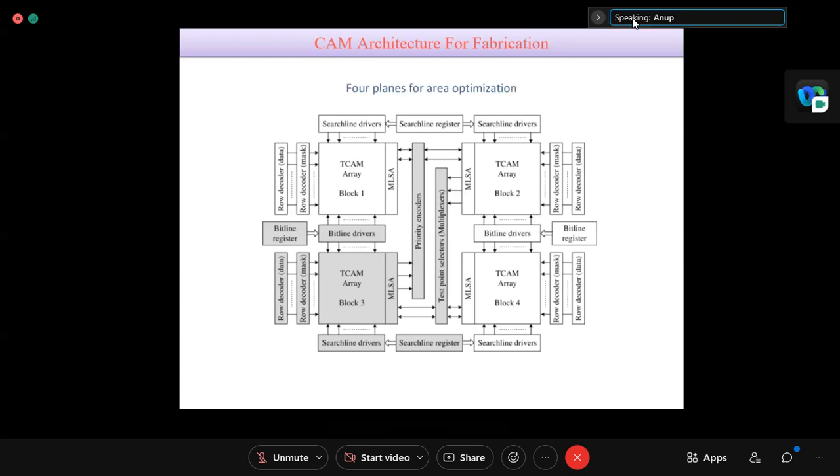So these are the 4 planes for area optimization, for power optimization, and for easy handling also. If we make the memory too long, then the memory itself will take huge power, so instead of reducing power we will be giving more power.